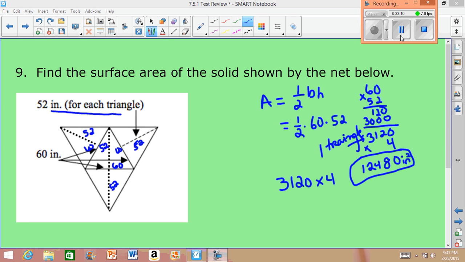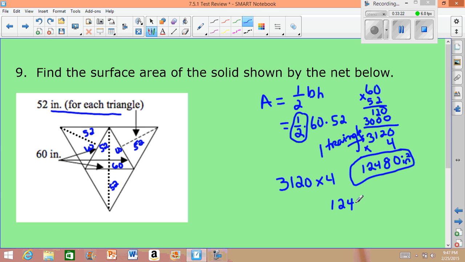But I kind of messed up, so we need to back up on this one. I totally forgot about our 1/2. I left out that part. So we can take our answer of 12,480, and we forgot we need to take half of that because I was doing it for rectangles and not triangles. So let's divide that by 2.